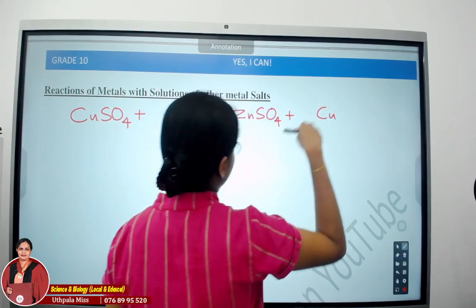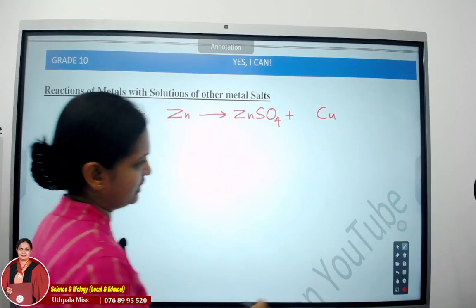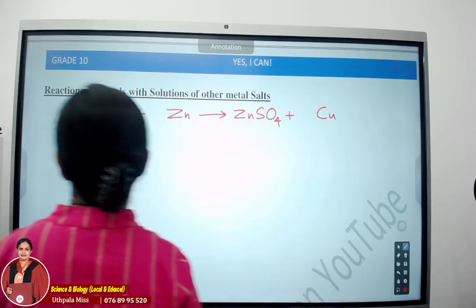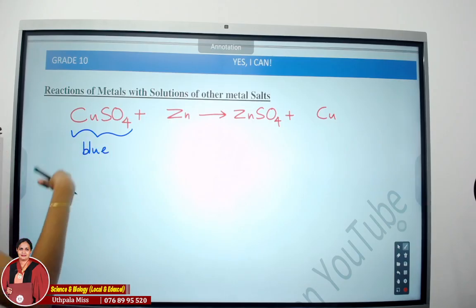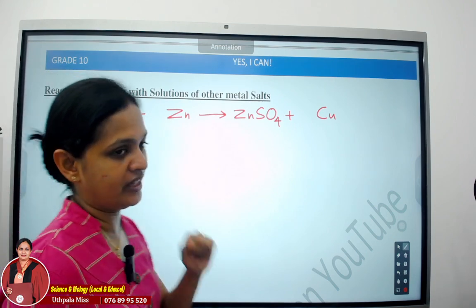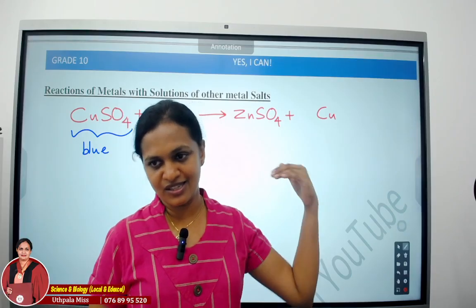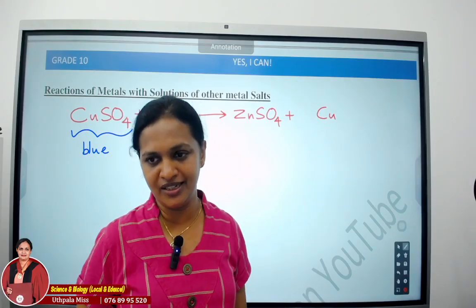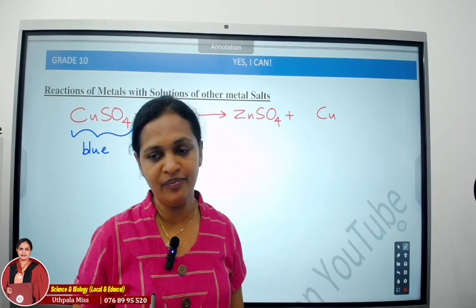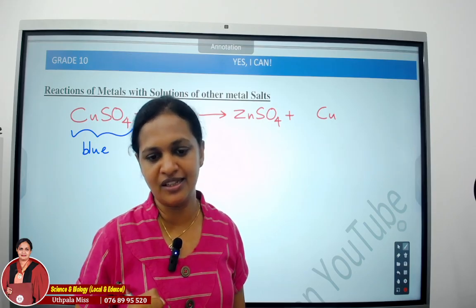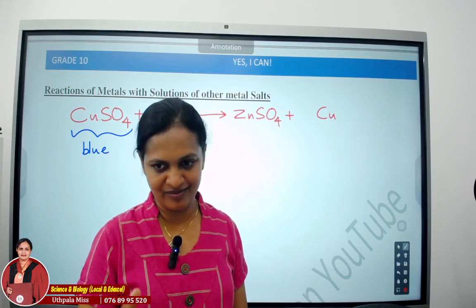Then copper gets deposited. Now the observation we make here is that this was blue color, blue. After the reaction, the blue color fades, right? Blue color reduces, color intensity reduces. Since copper ions are removed, the blue color intensity reduces, and also we can see the deposition of a reddish brown substance at the bottom of the test tube.